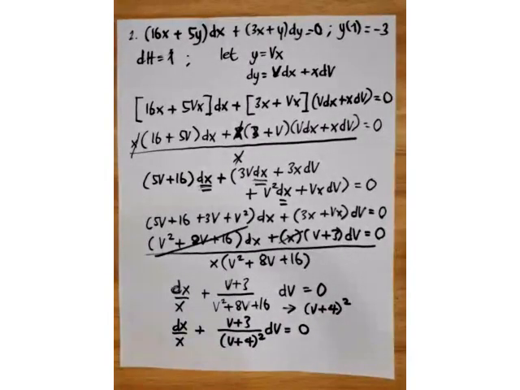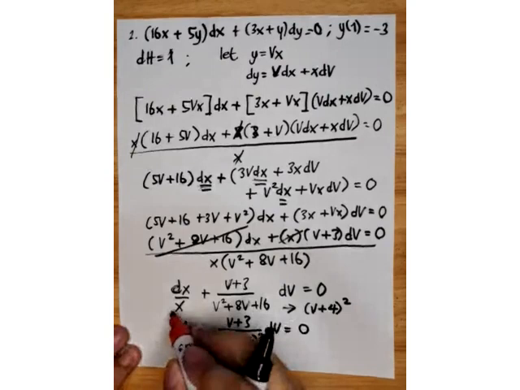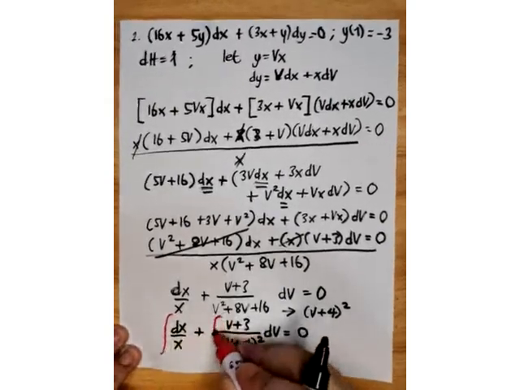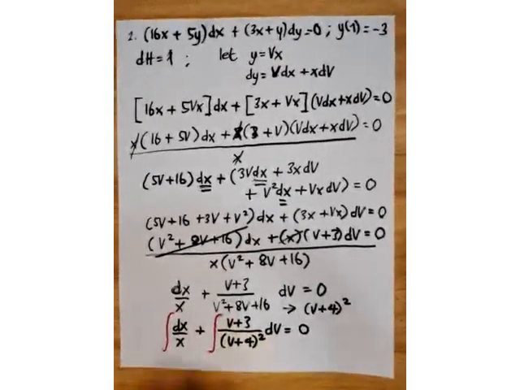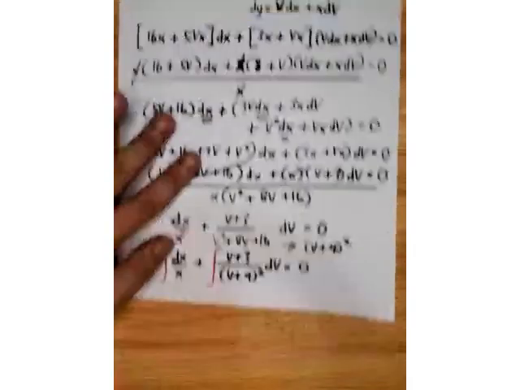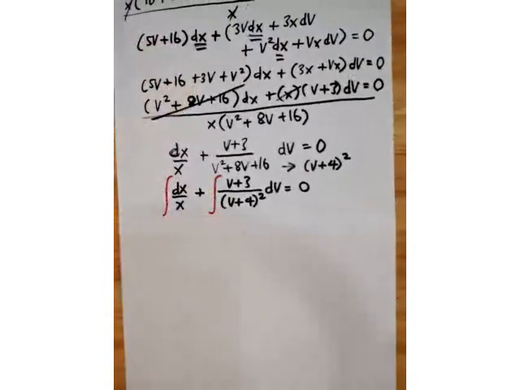Okay, so after separating the terms, it's time to integrate. So let's integrate each term. Wala tayong problema dito. How about this one? How will we integrate v plus 3 over v plus 4 squared? Kaya ba siyang i-ano?